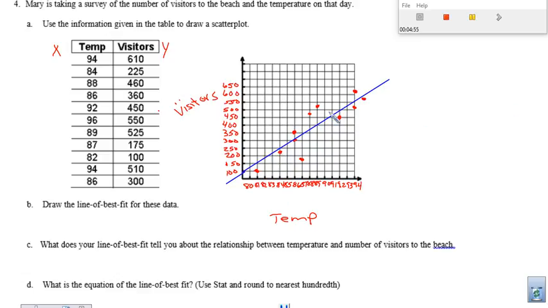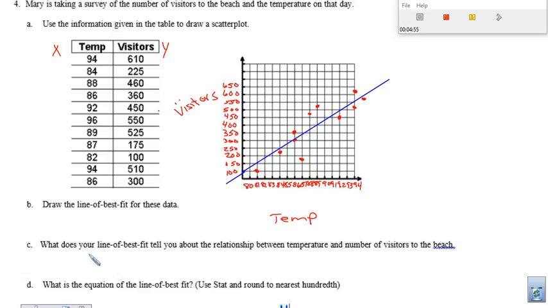Then I drew a line so that each point was about the same distance from the line, and so that I'd have about the same number of points above the line as below the line, as best I could. So that blue line is the B. A is the actual graph.